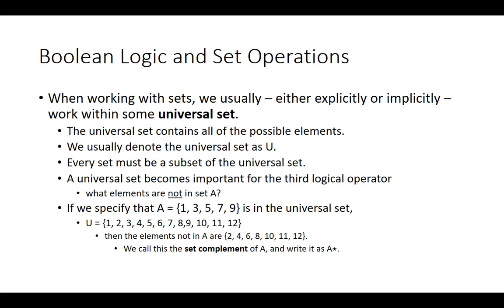So we call this the set complement of A, and we write it as A star. So A star is the complement of A, and it's everything that is not in A that is in the universal set.